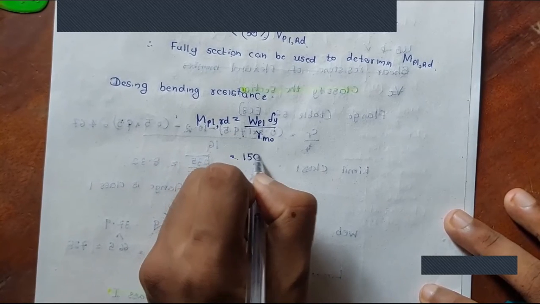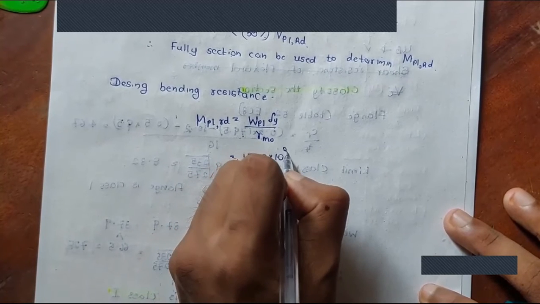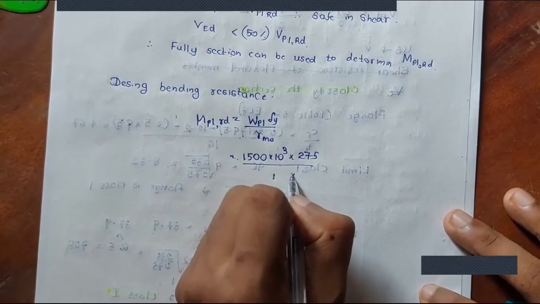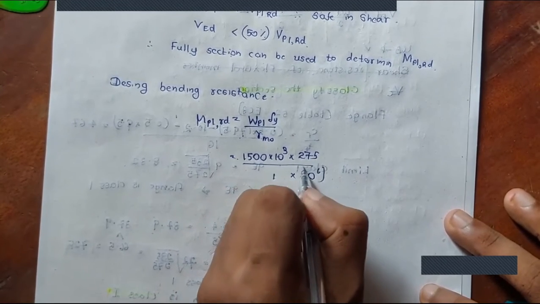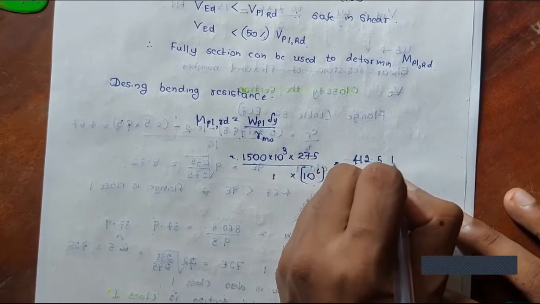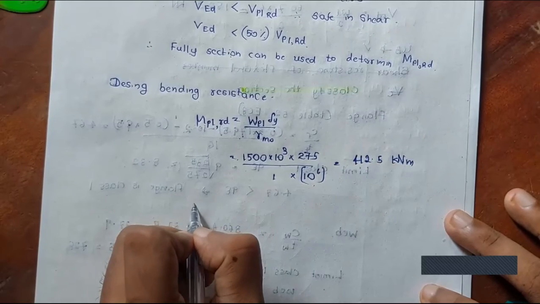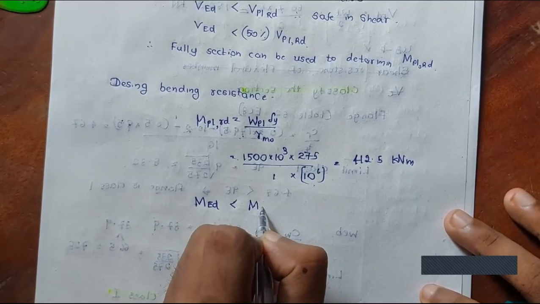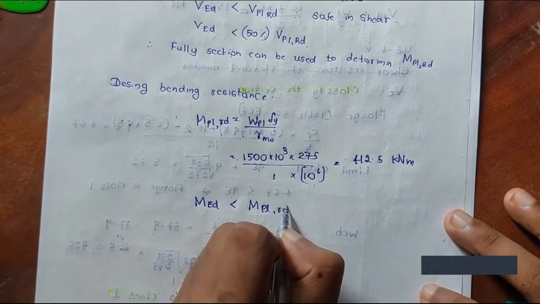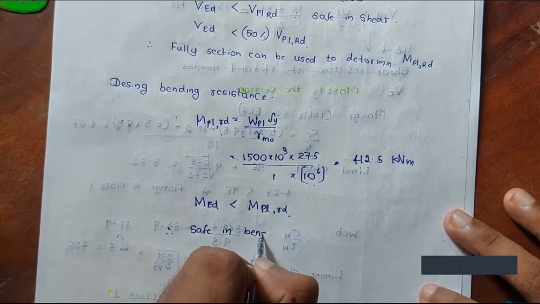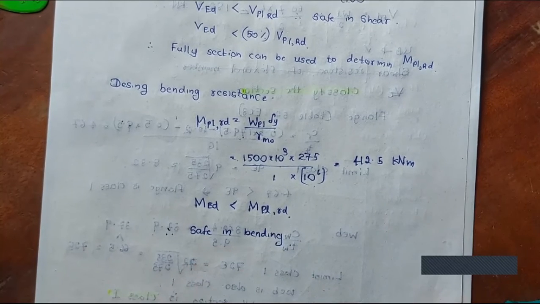This was given in the tables, right? To make it kilonewton meters, I'll divide it by 10 to the power 6. It's going to be kilonewton meter. So our design bending moment is less than the resistance. So the beam is safe in bending as well. So for the last check, we don't need to go for lateral torsional buckling.